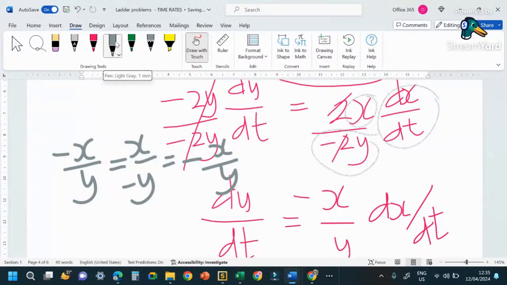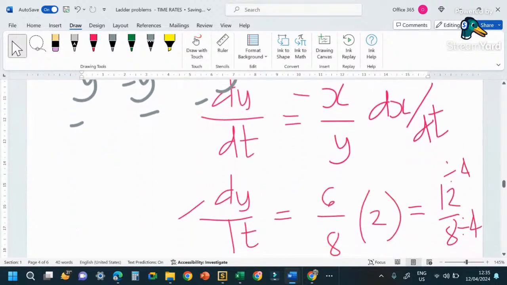Negative divided by positive is negative. Positive divided by negative is negative. Negative divided by both positive is also negative. So the quotient will always be a negative. So dy over dt is equal to negative x over y dx over dt.